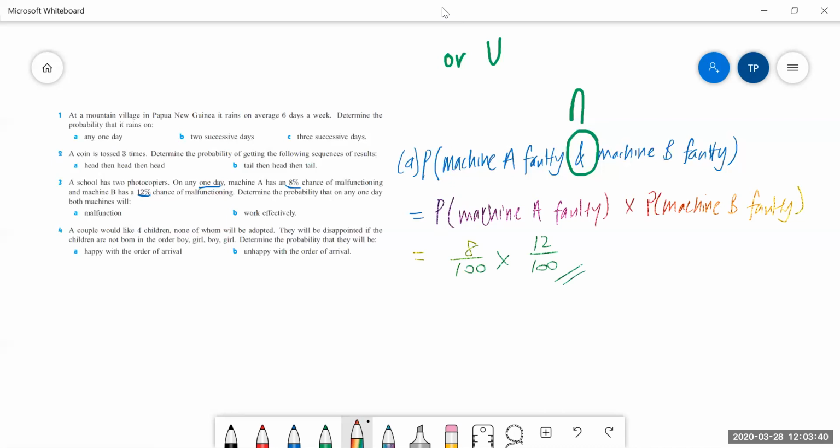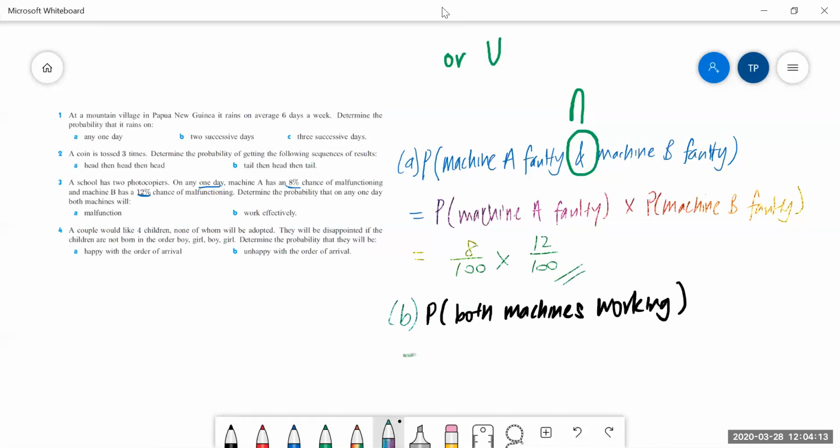Then next, for part B, determine the probability that both will work effectively. So now we want the probability of both machines working.